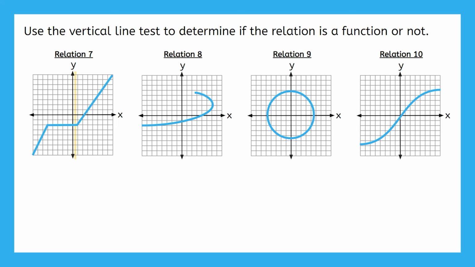I'm only seeing one intersection at a time. Cool! After scanning my graph with the vertical line test, I did not find any place where my vertical line intersected with my graph more than once, which means that this relation is in fact a function. Pause the video here and give relations 8, 9, and 10 a try on your own in your PDF now.